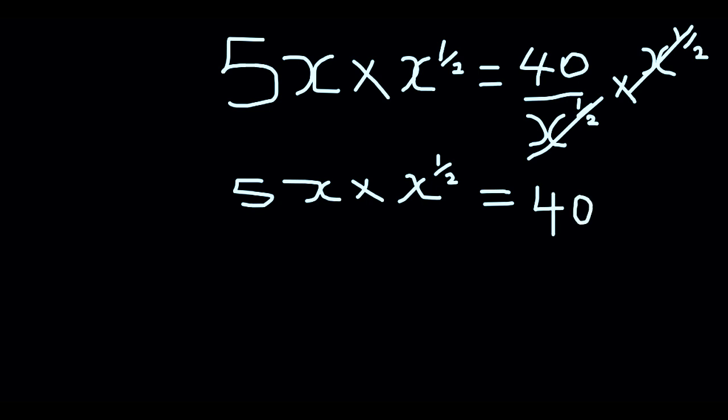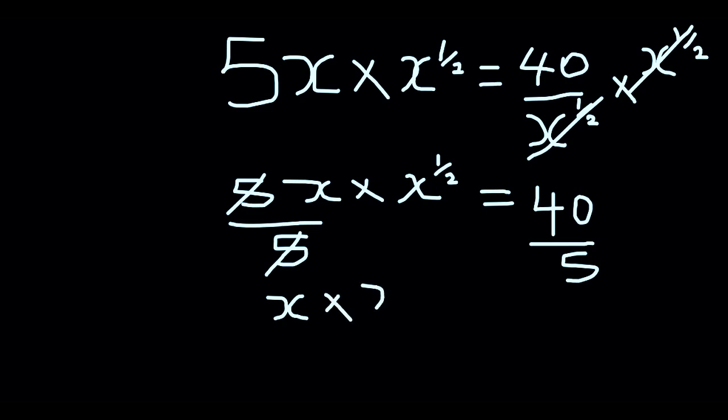So from here, if we divide both sides by 5, this 5 cancels this 5. We then have x multiplied by x to the power of half equals 8. 40 divided by 5 gives us 8.